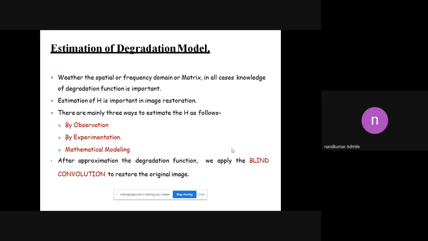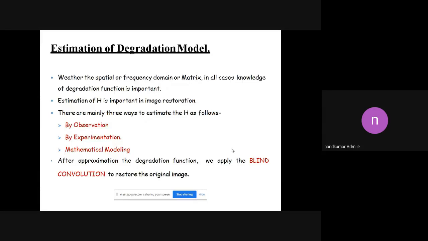Okay, so we'll continue. In image enhancement, we study various types of filters: the low pass filter, the high pass filter, and the Butterworth filter. Basically, filters can be used to remove the unwanted noise present in an image.